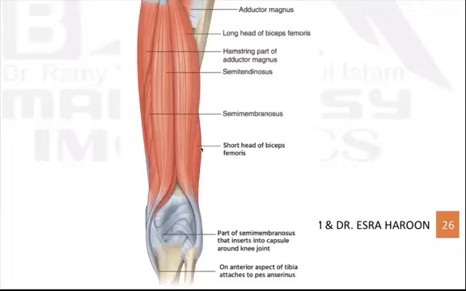So again, this will be so easy. The semitendinosus, this is the semitendinosus, it will be attaching on the pes anserinus. And what is the pes anserinus? This is the superior part of the tibia on the medial surface.